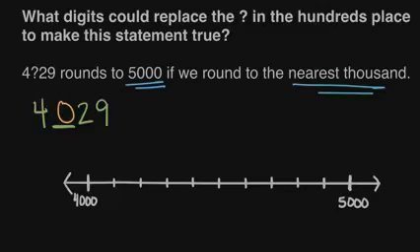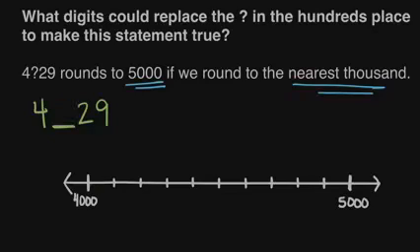So we could plot that, just estimating a little bit, about right here, a little closer to 4,000 than 4,100. Now looking at this number, we can see it is much closer to 4,000. Its nearest thousand is definitely 4,000. It takes far longer to get to 5,000. So 0 will not work.